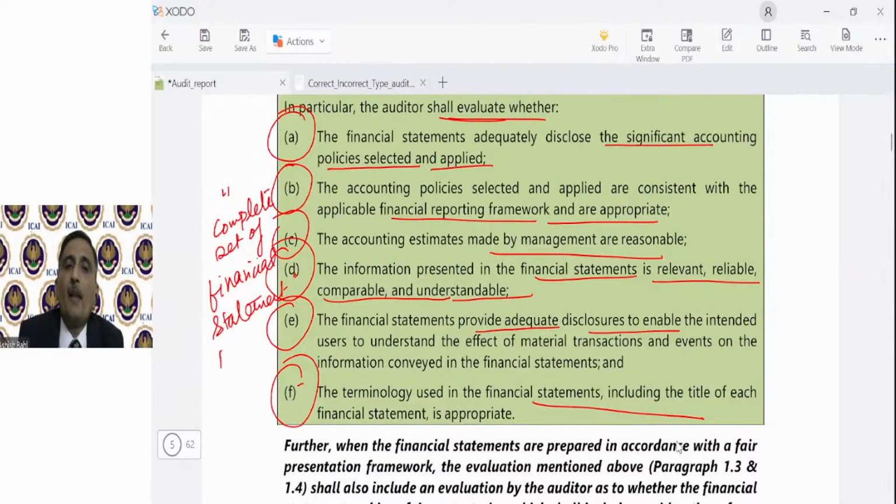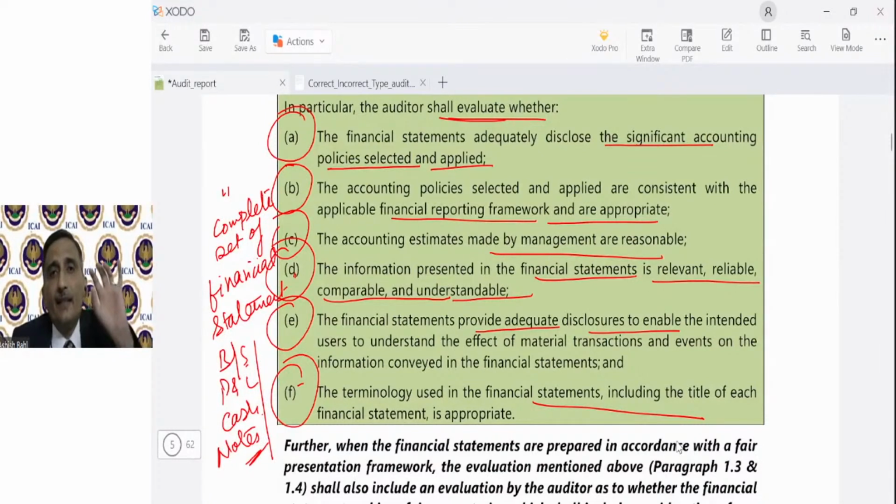It means balance sheet, statement of profit and loss, cash flow, notes to accounts, and summary of significant accounting policies. Okay, this is a complete set of financial statements.